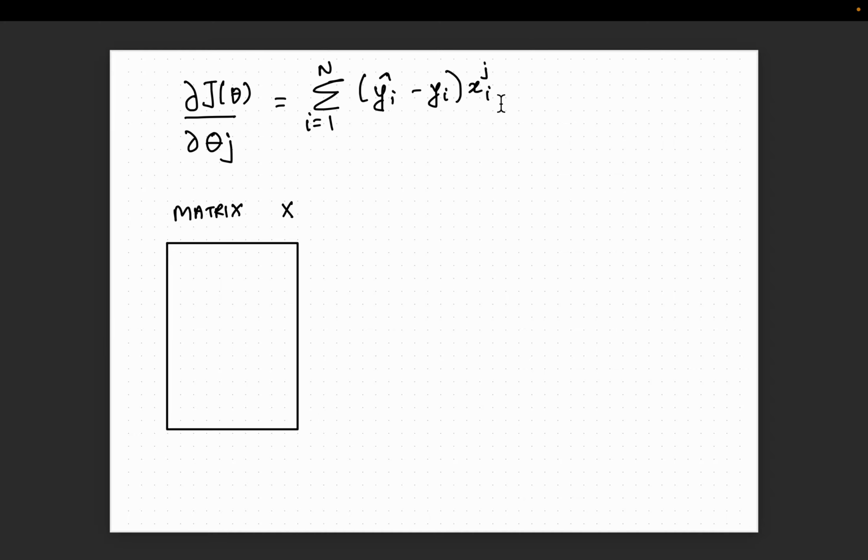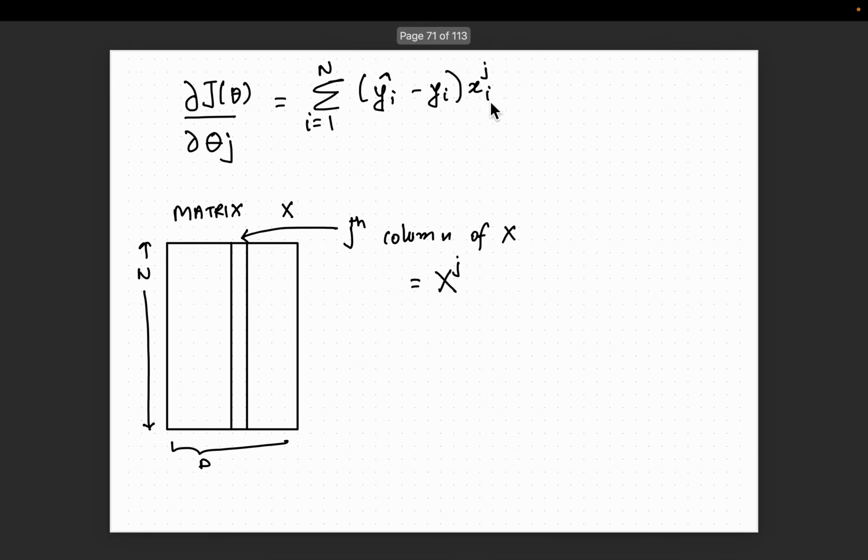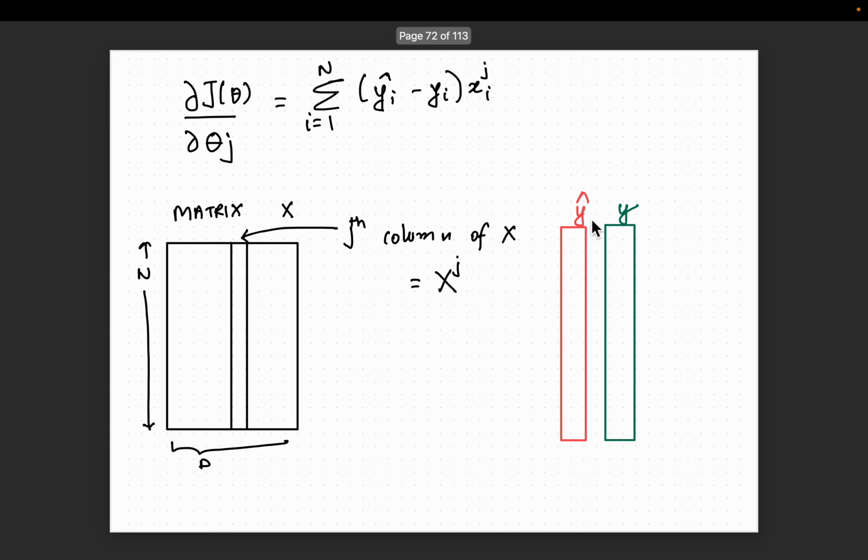So we have a matrix X, which has n rows, which means n records, and d columns. From this we'll be using the jth column, which I'm writing as x superscript j. This is capital X and this is small x corresponding to the individual points. Similarly, we have a y hat vector and a y vector. Both of them are vectors of length n.